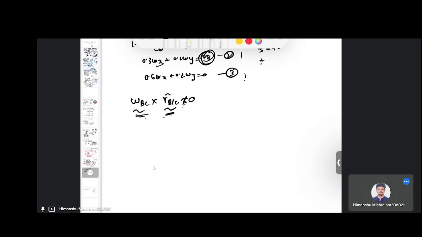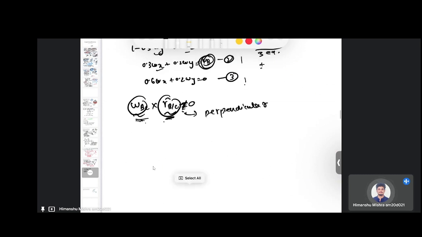So they give a non-zero cross product, which means these two quantities are perpendicular to each other. And if these quantities are perpendicular, then if I take the dot product of these two quantities, it should be zero, right? So it's a basic vector property that I'm using, that you might have seen in the basic mathematics course.